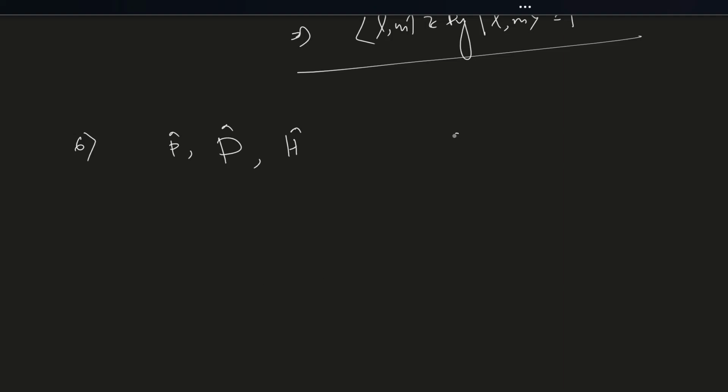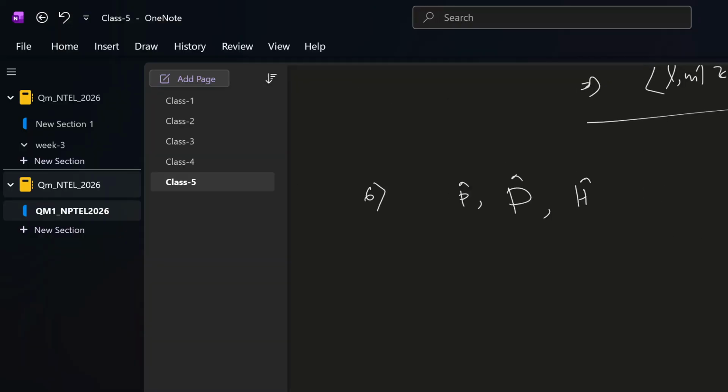First of all, in the question it is written that this is a free particle. Free particle means no potential energy acting on it, that means the V(x) part is 0. The Hamiltonian used to be kinetic energy plus potential energy, but because it's a free particle, the potential energy term is 0, only the kinetic energy remains.